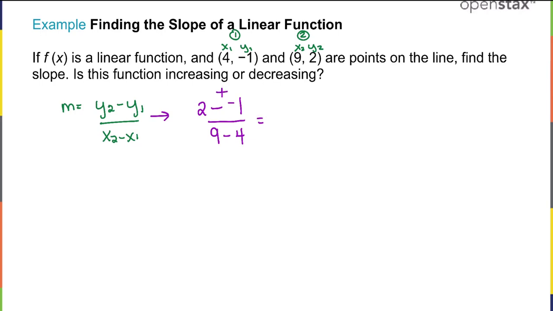So the 2 minus -1 becomes 2 plus 1, which is 3. 9 minus 4 becomes 5. Our slope is 3/5. And don't forget, it asks, was it increasing or decreasing? This is positive. So because it's positive, that means that it is increasing.